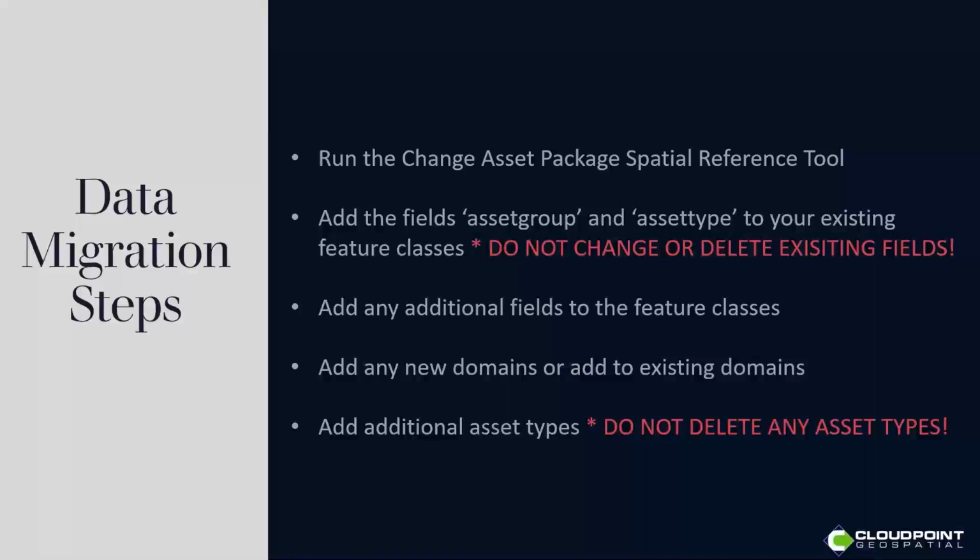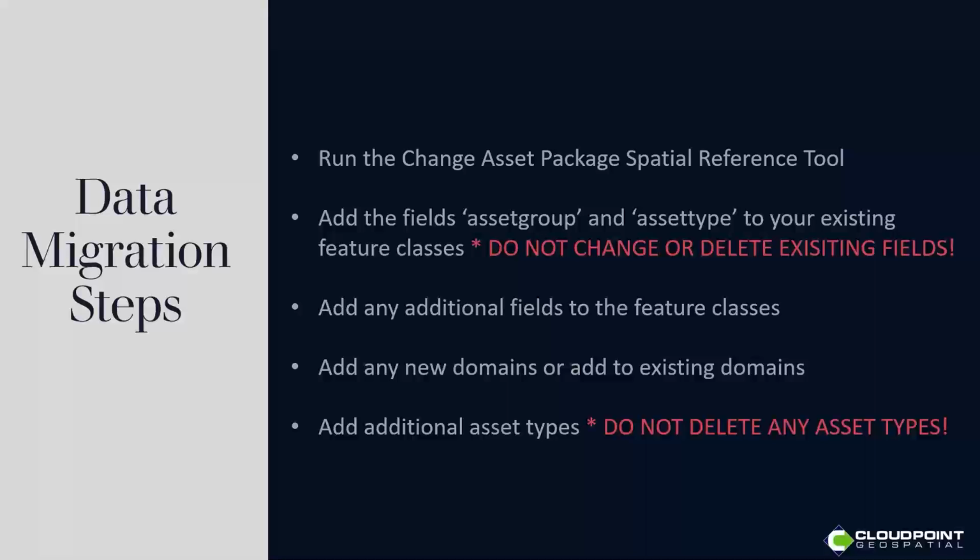So it could be a better idea to create related tables if you're going to have a ton of extra fields, or decide what's absolutely necessary. Also, it's very important that you do not delete or change existing fields. At this time, you're also going to want to add any new domains or add to existing domains. And finally, adding any additional asset types, but making sure not to delete or modify the existing asset types.